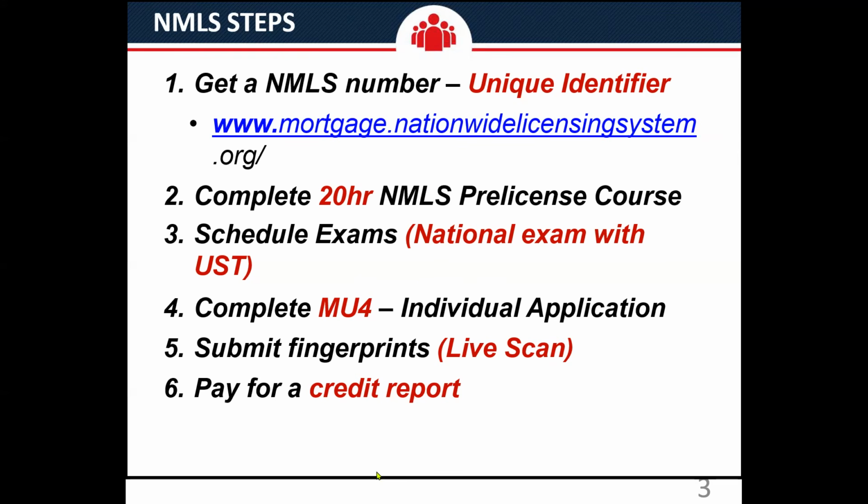The next thing, once you finish that course, is to schedule your exam. The exam that you take is called a national exam with UST component. UST standing for the Uniform State Test. They took all of the content and put it into one test called a UST, so that every state would be uniform.